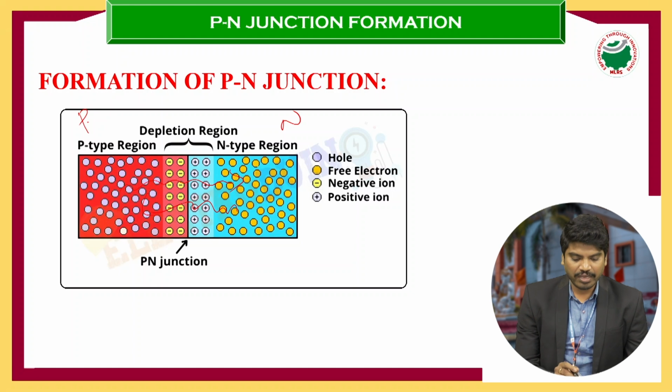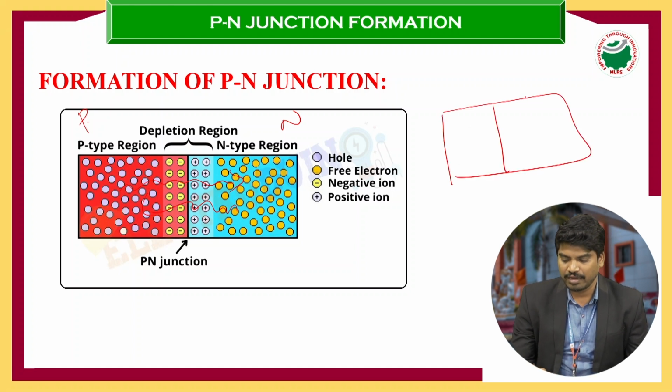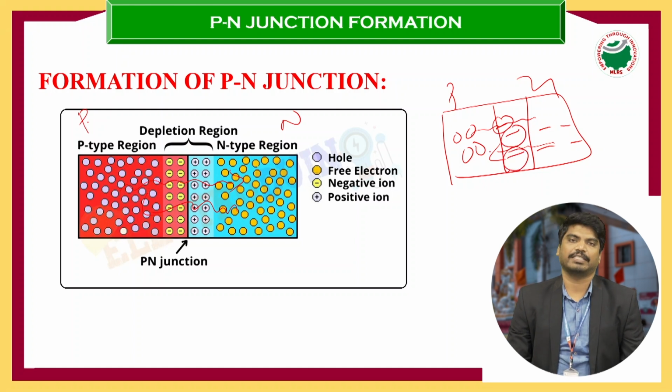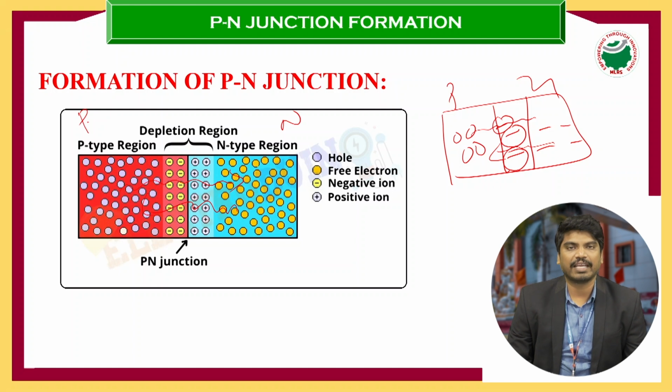Okay, then what happened? You can see in this image clearly. Now these are the holes from the p side and these are the electrons from the n side. Then when we join them together, initially these holes are trying to cross the barrier towards the n side and these electrons are trying to cross towards the p side material. Then recombination of electrons and holes takes place.